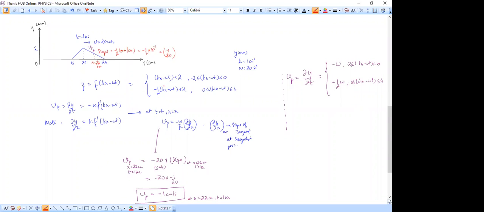So let's understand the dimensionality of this equation again. So if this quantity kx minus omega t is dimensionless, then the quantity y is in millimeters.